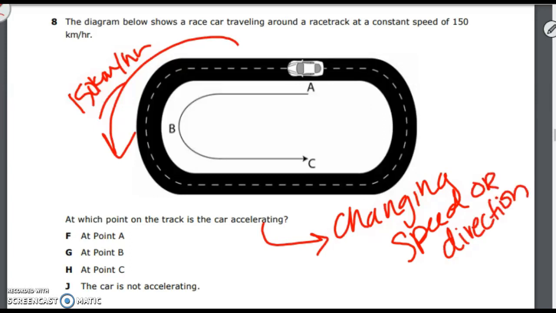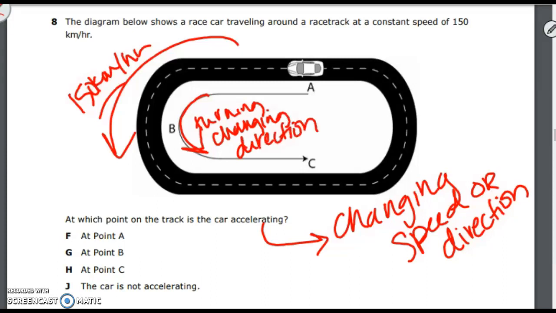You have to change your velocity. The only time that velocity is changing is when it's turning, because it's changing direction. The problem says that the rest of the time it's going at constant speed, so then the only time that it's accelerating would be point B.